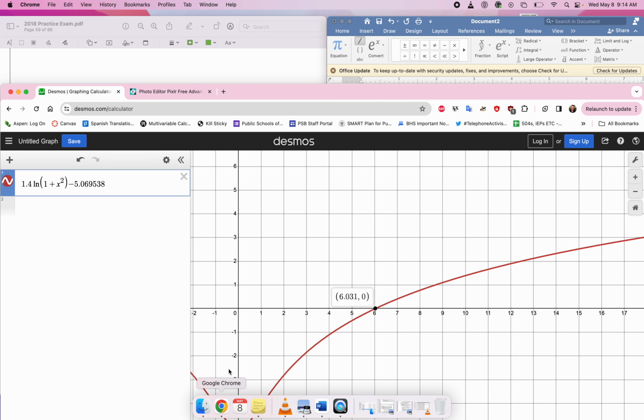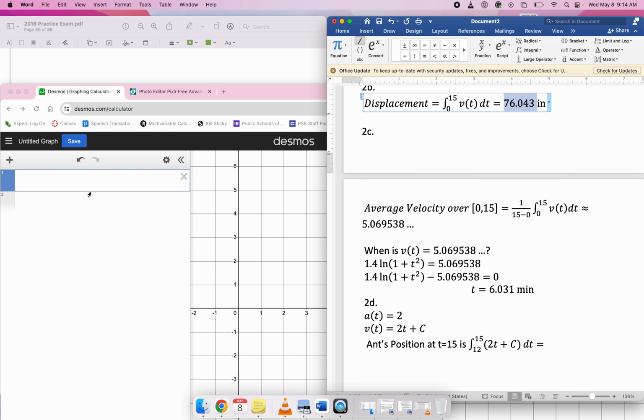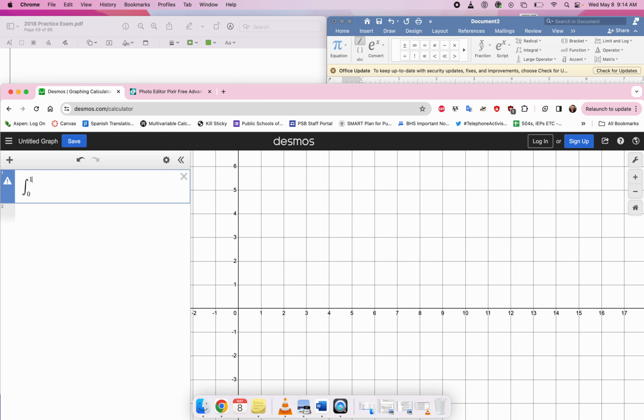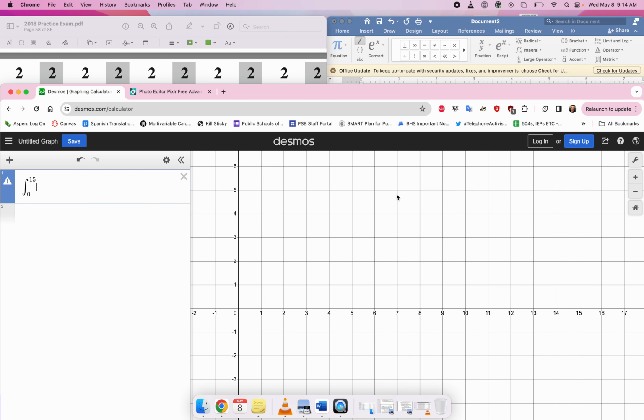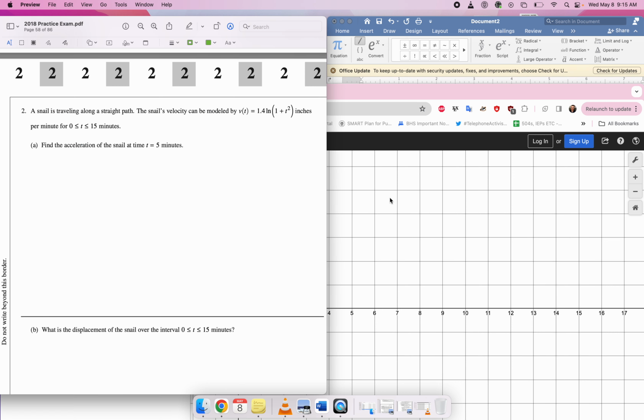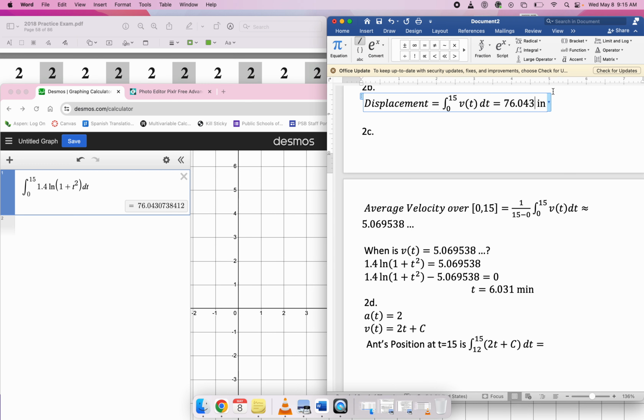I'm a little worried. I kind of want to get that value a little bit more precisely. So integral from 0 to 15, what's the velocity function? It's 1.4 natural log 1 plus t squared dt. Yeah, so 76.043073.